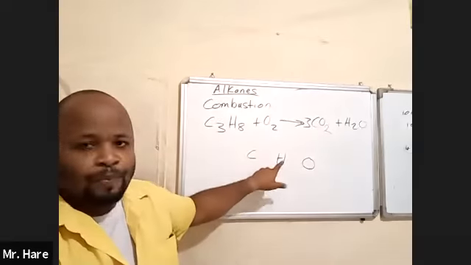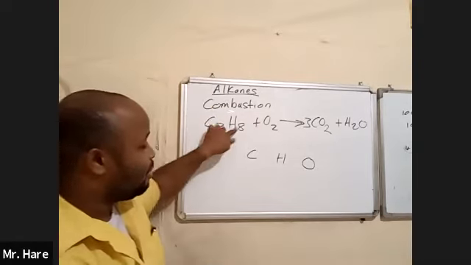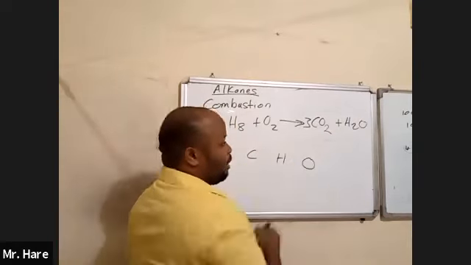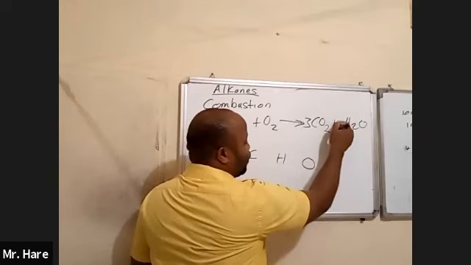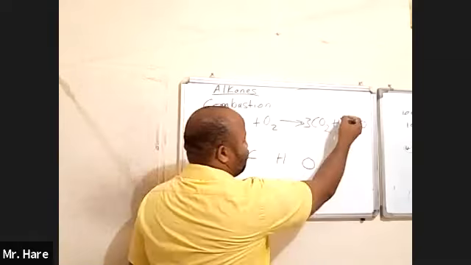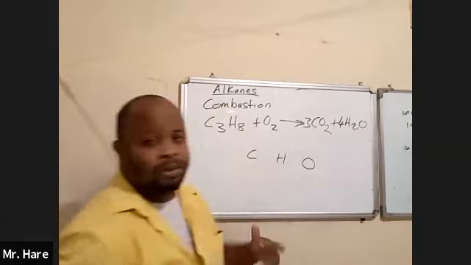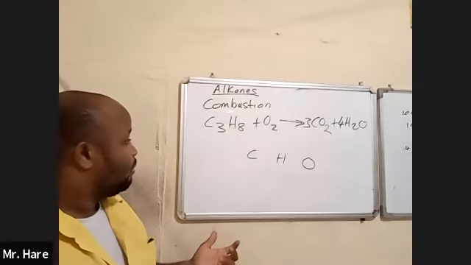Next, I am going to balance my hydrogen. I have 8 hydrogen here. That means I must have 8 here. 2 hydrogens are already in the compound. So all I need to do is put a 4 in front, because 4 times 2, that gives me 8.